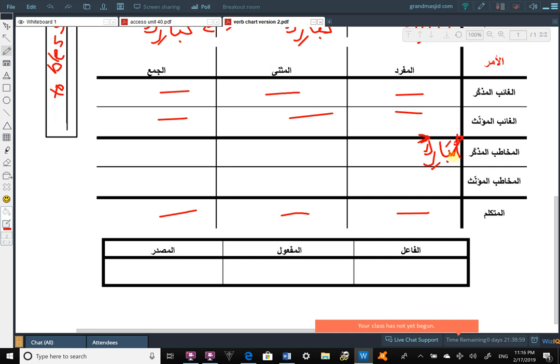We're going to drop our ta since our ba, our first letter, is going to have a vowel on it. We do not need an add. We do not need to add an alif in the form 3, just like we did not need to in form 2. We say barik. Barik. And then when we make it dual, we say barika.